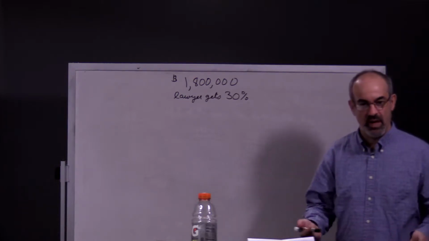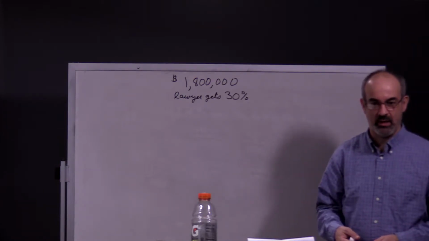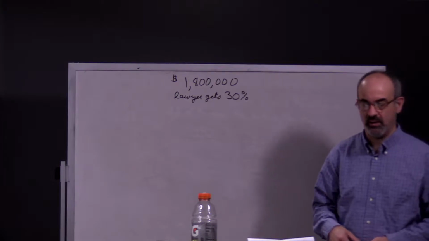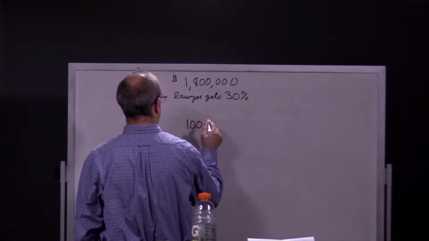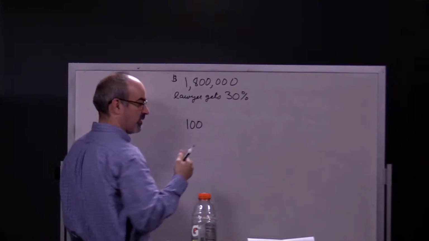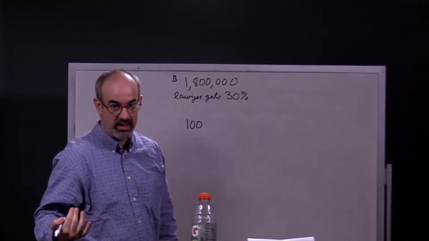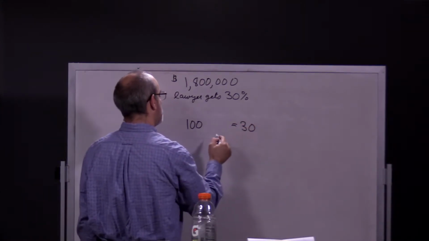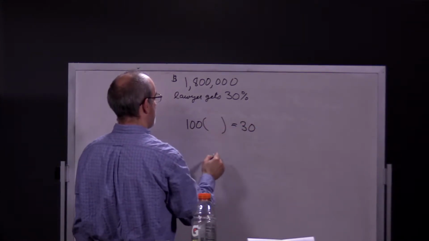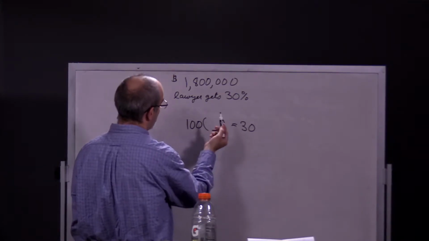What if you had 200 and I said I wanted 30% of it? Well, notice that if you have 100 and I get 30% of it, that would give me $30, right? What did I have to multiply this by to get $30? Well, 0.3.